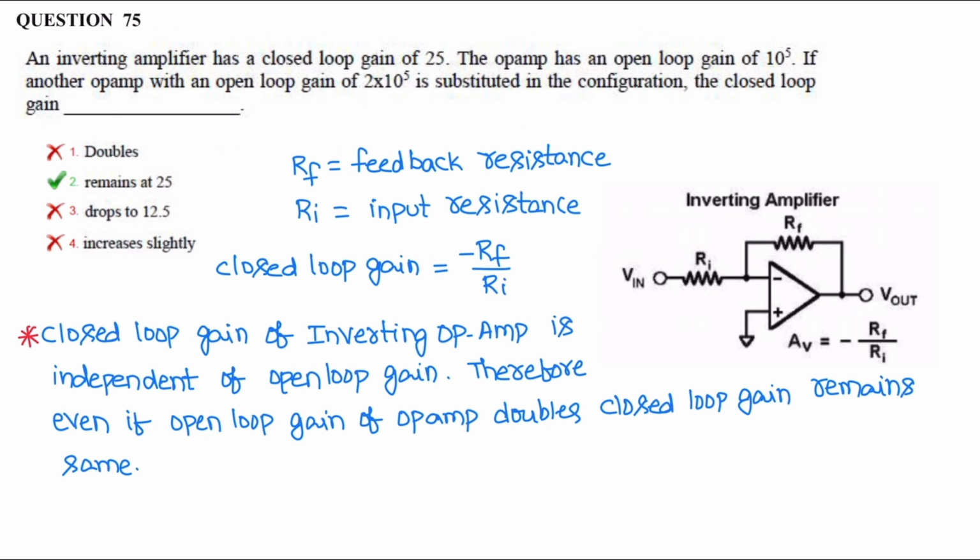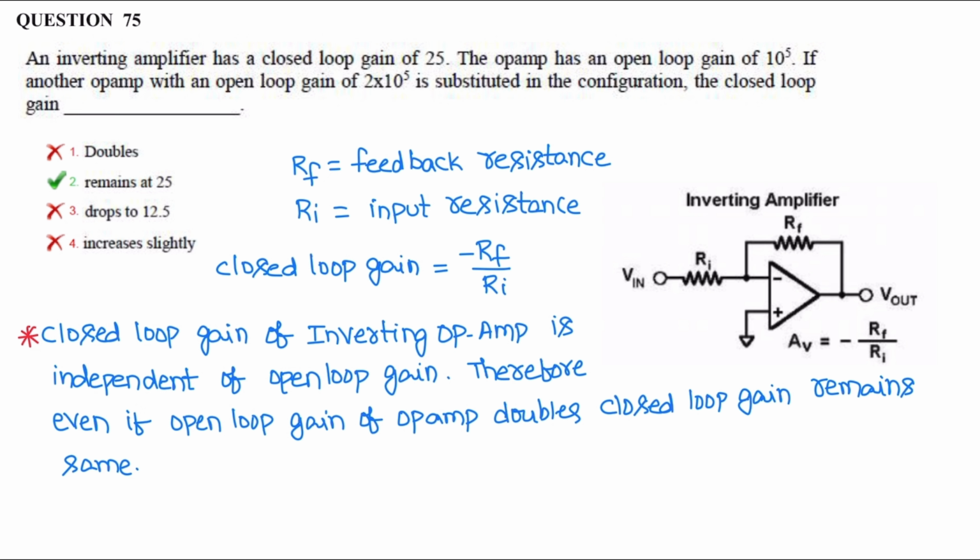Next question, an inverting amplifier has closed loop gain of 25. The op amp has an open loop gain of 10 power 5. If another op amp with an open loop gain of 2 into 10 power 5 is substituted in the configuration, the closed loop gain will be.